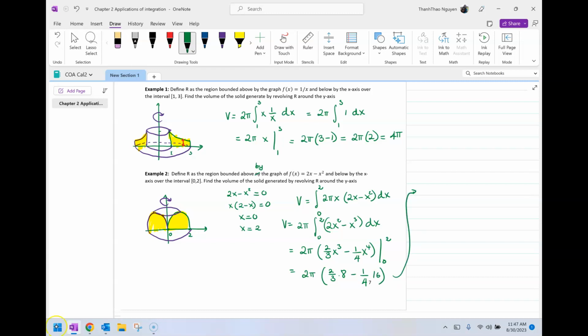Simplifying this, we get 2 pi times 4/3. So the volume is 8 pi over 3.